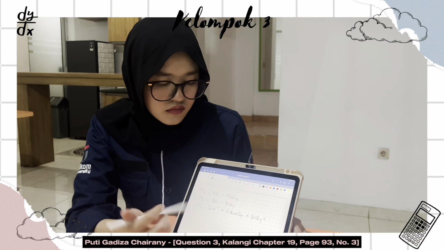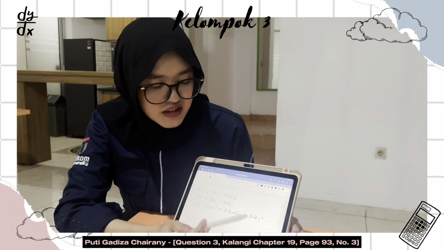Okay, so there's a question here. Px equals 40 minus 5qx, and Py equals 30 minus 3qy, and the total cost is 2qx squared plus 2qxqy plus 3qy squared. The first one, we have to find the profit function first. The formula is total revenue minus total cost.